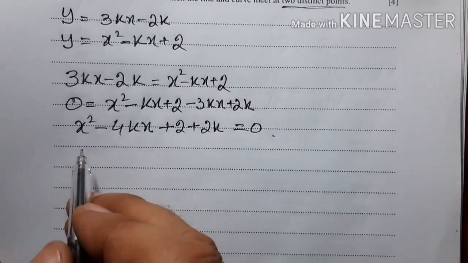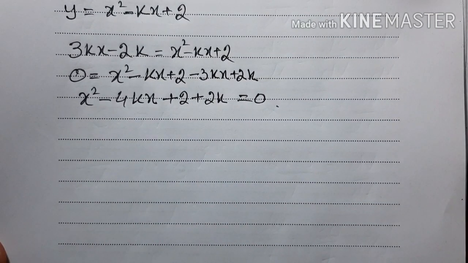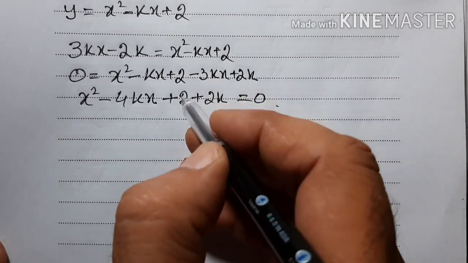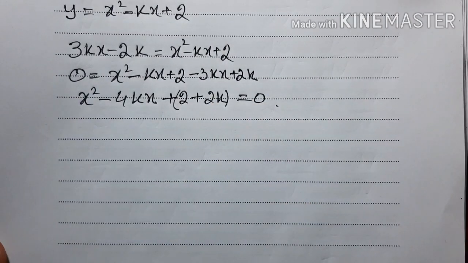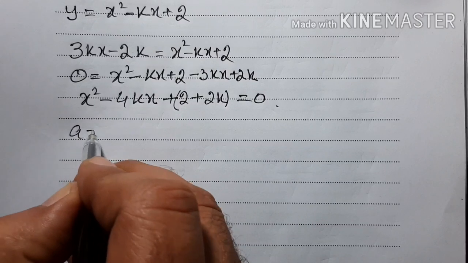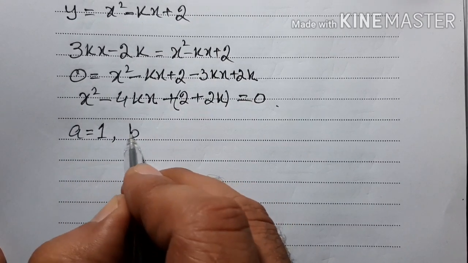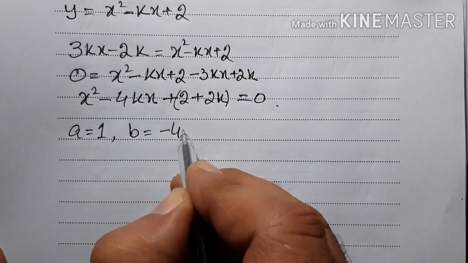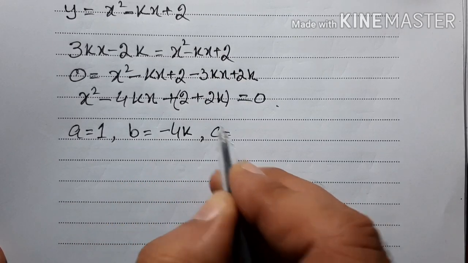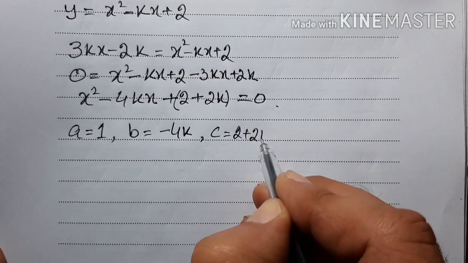So here this is a quadratic equation. This is my constant term. So here a is the coefficient of x square, which is 1. b is the coefficient of x, minus 4k, and c is constant 2 plus 2k.